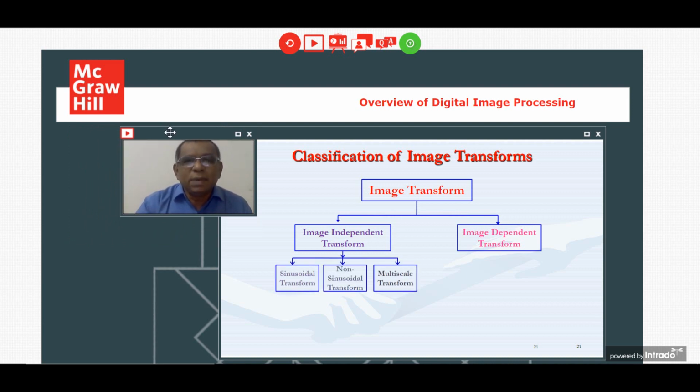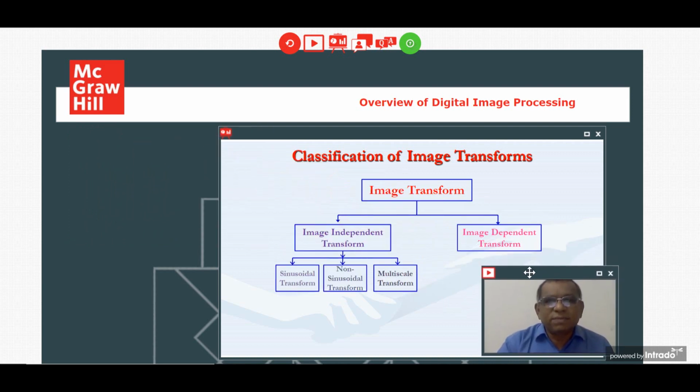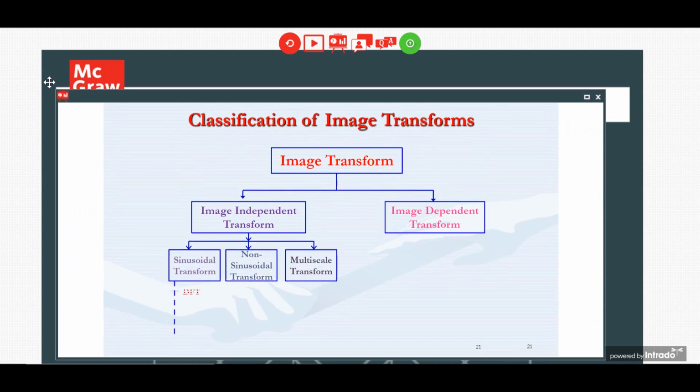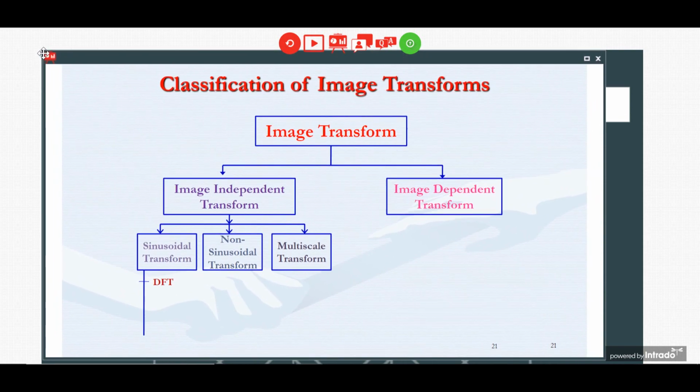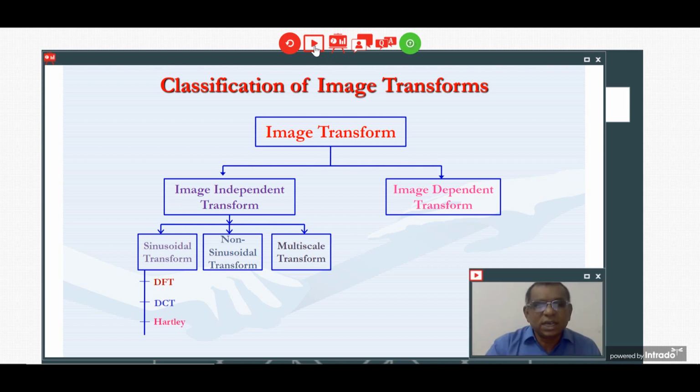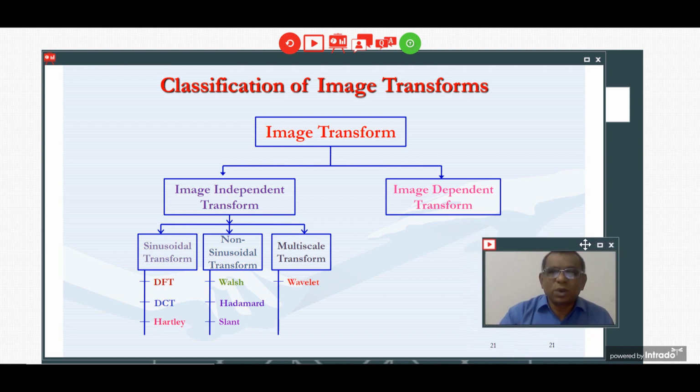Image independent transforms we can broadly classify into three categories: sinusoidal, non-sinusoidal, and multi-scale basis function. For sinusoidal transforms, the commonly known transform is the discrete Fourier transform. Then we have the discrete cosine transform and the Hartley transform. Non-sinusoidal, we have Walsh, Hadamard, and slant transform.